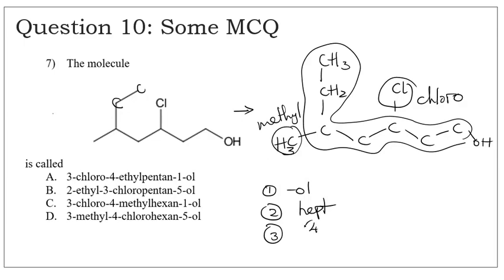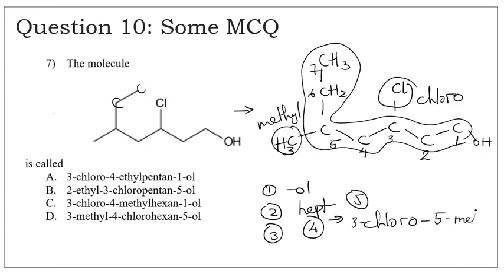Step 4 is to number the longest chain. 6, 7. So the actual name, if I'm following the steps, should be 3-chloro, 5-methyl, hept-1-ol, which is not in here.